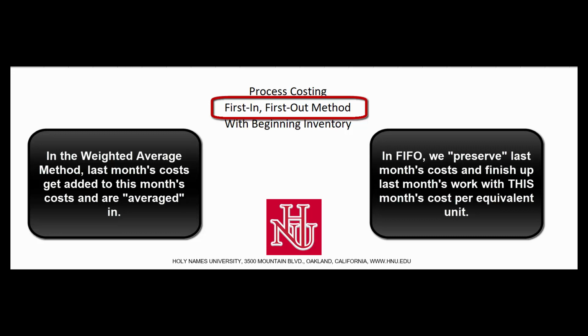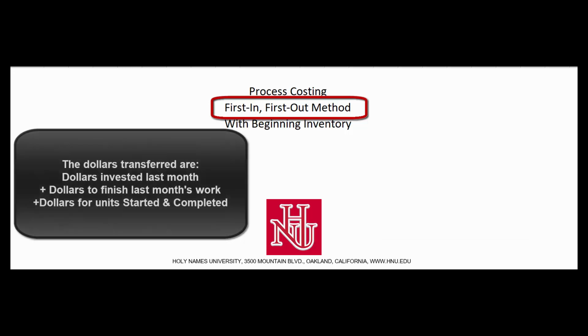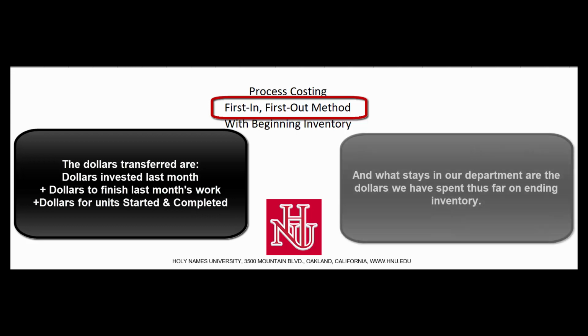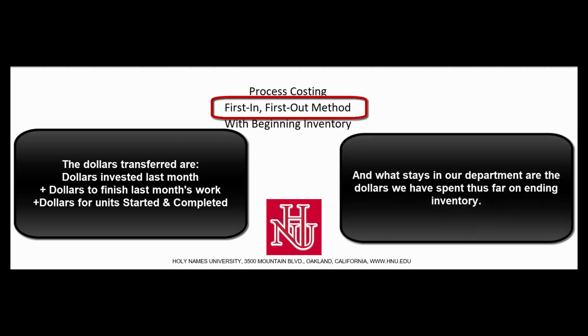And then what moves on to the next process is the dollars we invested last month in those old units, the dollars we spent to complete them as far as materials go, the dollars we spent to complete them as far as conversion costs go, and the units that we started and completed this month. And that's all there is to the first in, first out method of process costing.